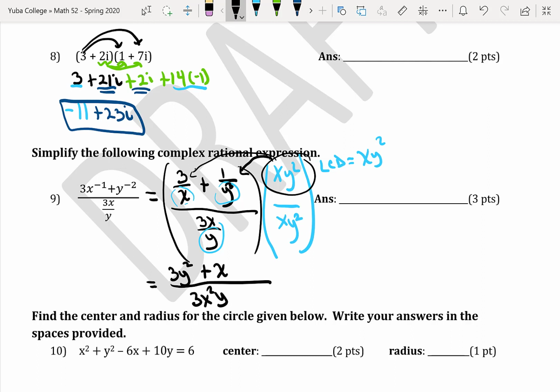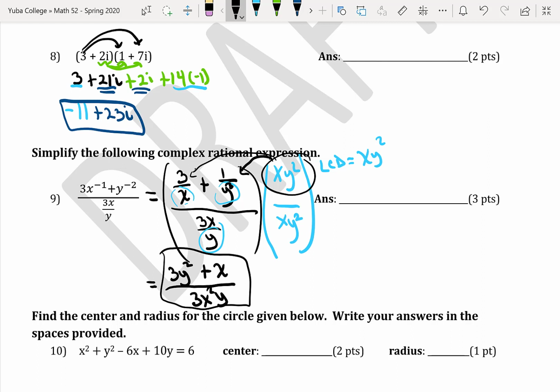Okay, so find the center and radius of the circle given below. Write your answer in the space provided. For a circle, we want to put it in the form that we can tell what the center and the radius is.